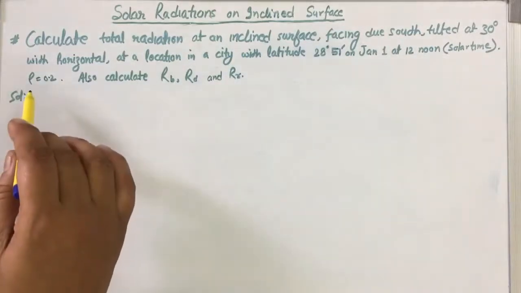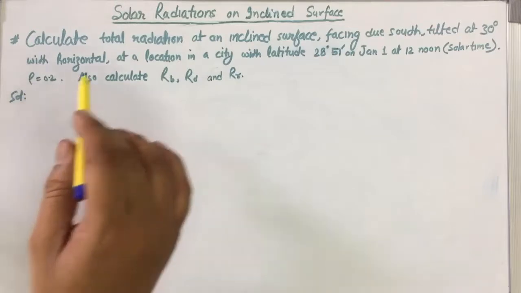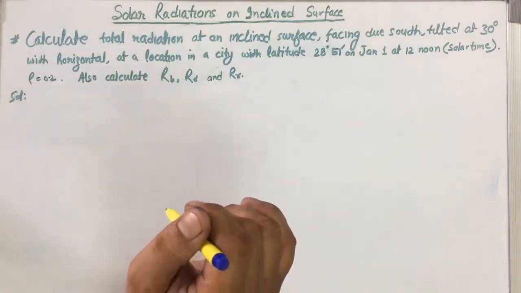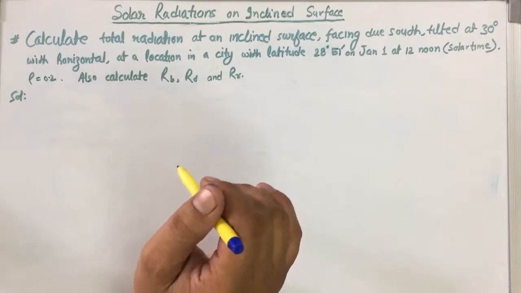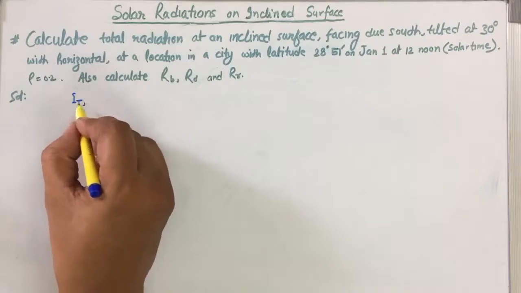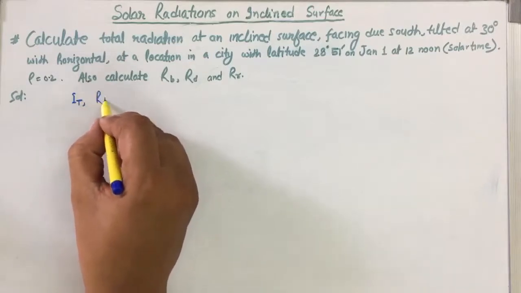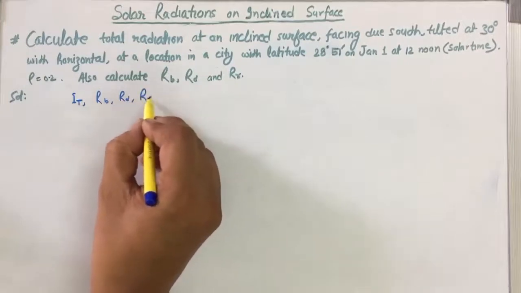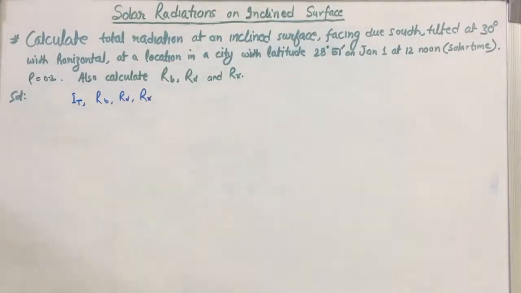The reflection coefficient is this, and also calculate RB, RD and RR. So first we have to find the total radiation IT. Second, we have to find RB, RD and RR. These things we have to find.